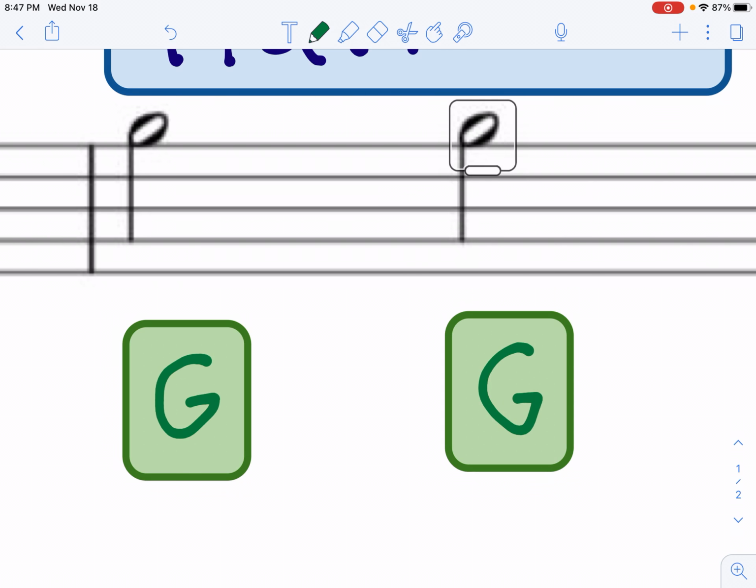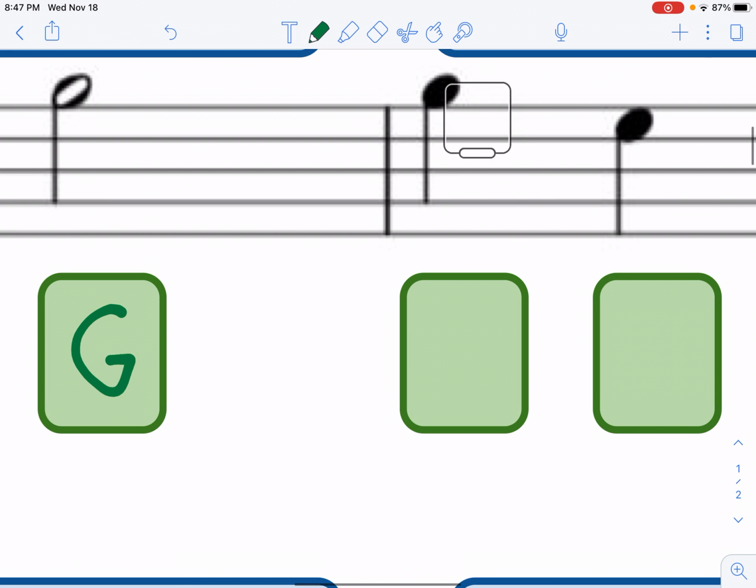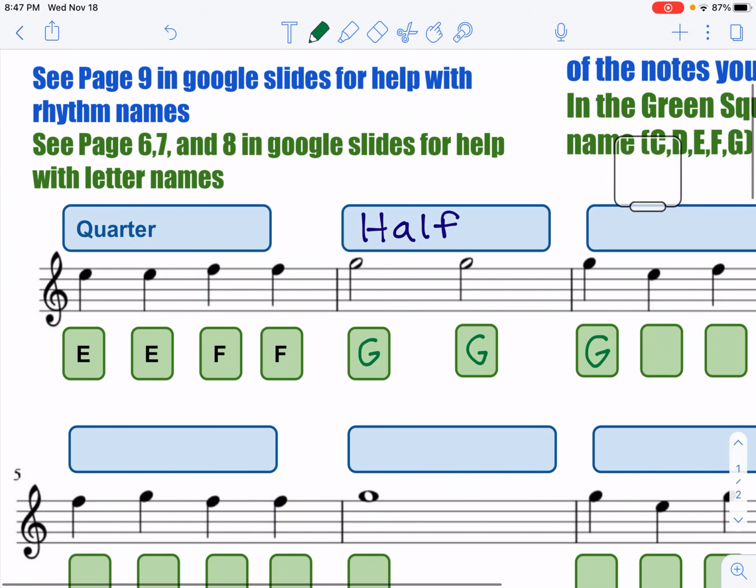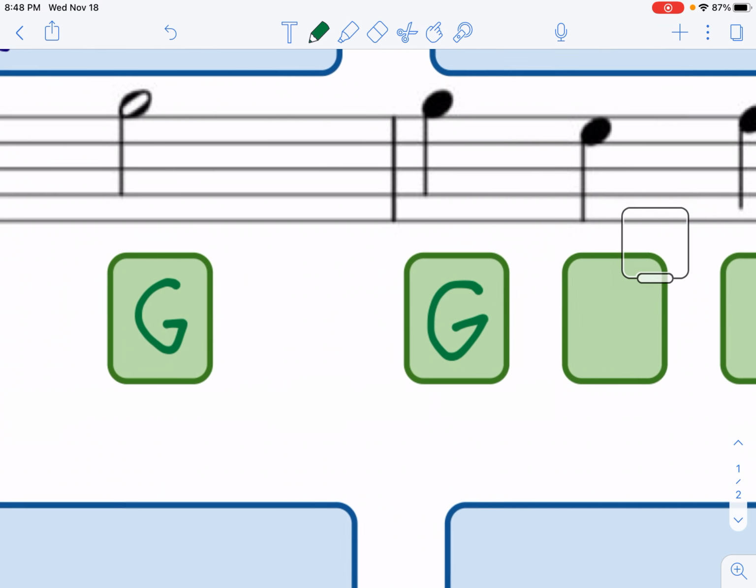That's going to be a G. This one also is above that top line. That's a G. Now here we see we're back to the top space, which is the same as this note and this note, right? So that would be an E.